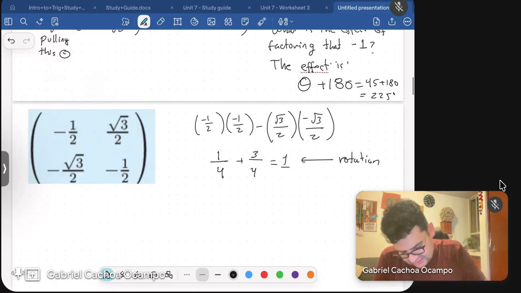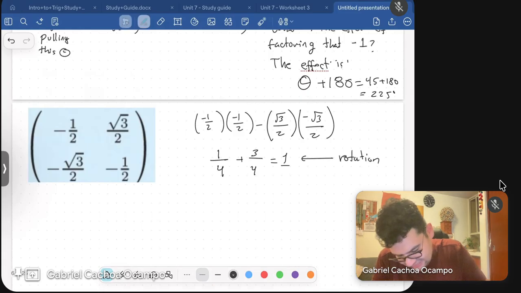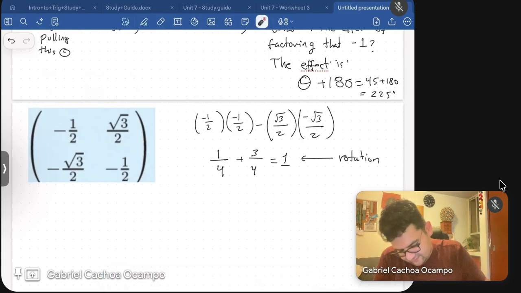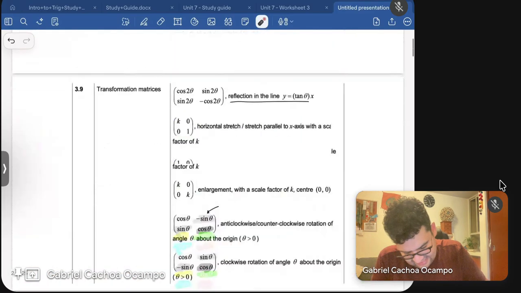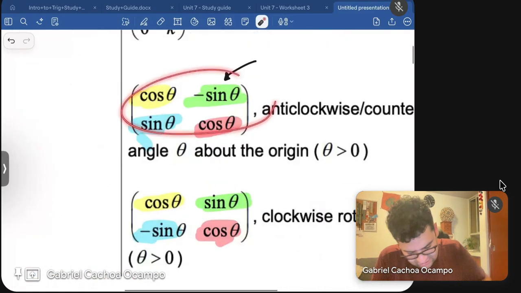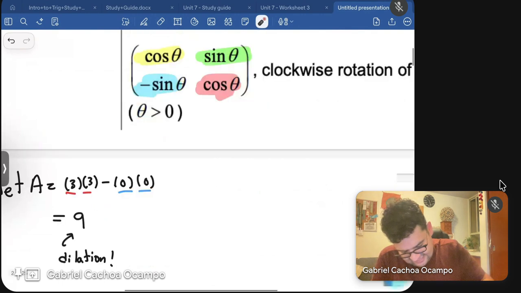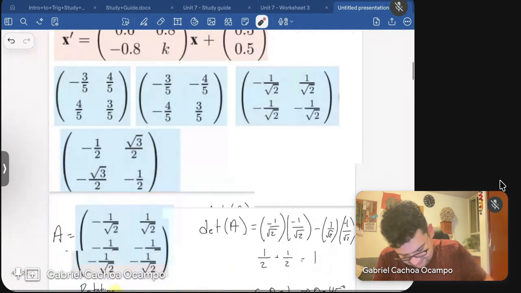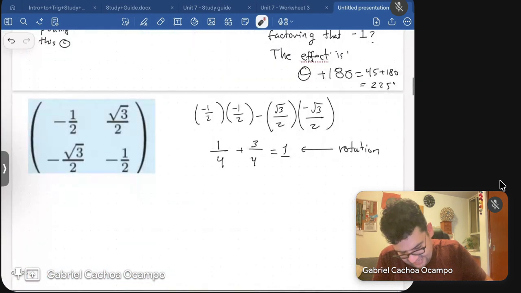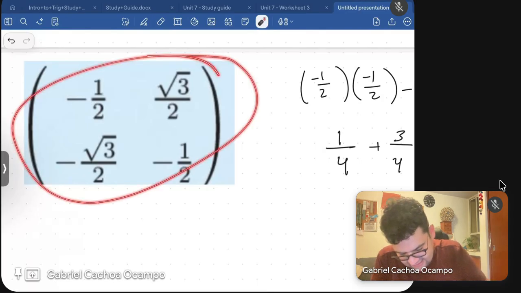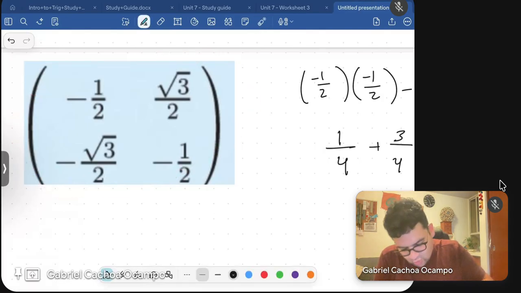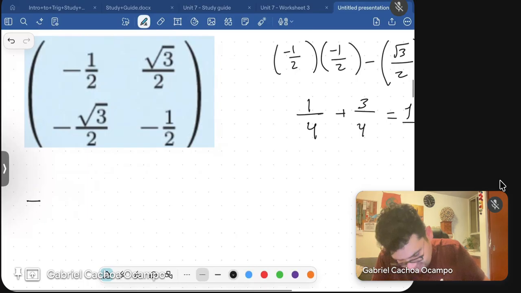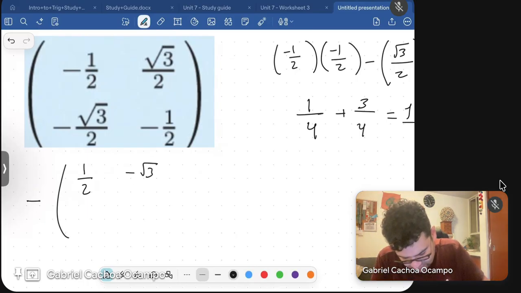In this rotation, I would like to see if this one matches either this or this. And I can see that again, because I cannot match it, I need to pull out a negative 1. So I pull a negative 1, and this becomes 1/2, negative square root of 3 over 2, square root of 3 over 2, 1/2.